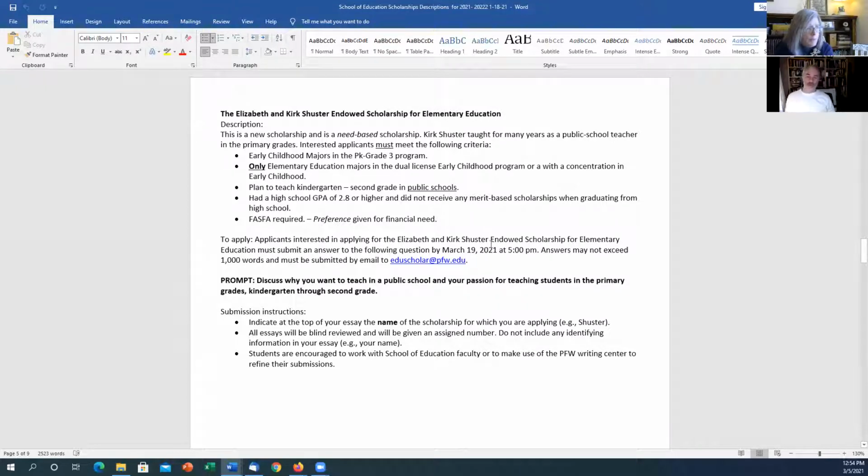A new scholarship this year, and this one is important for early childhood majors. Please apply for this. This is particularly for the P3 people who are in the P3 program. Elementary majors are eligible only if you have a dual license with an early childhood program or concentration in early childhood.